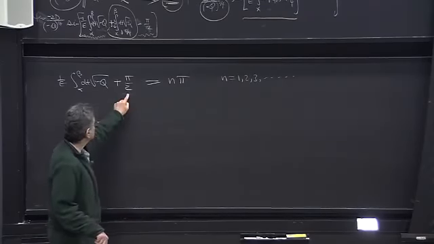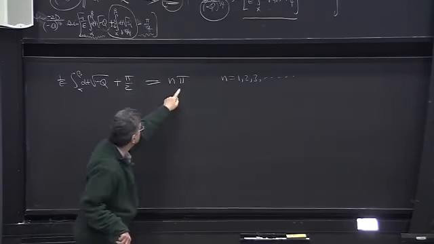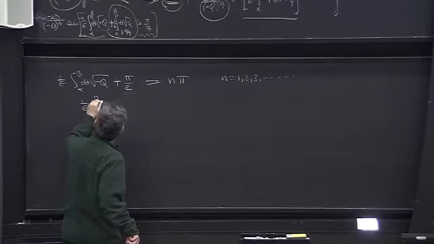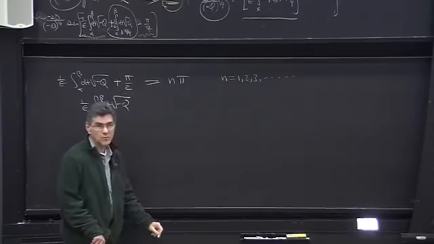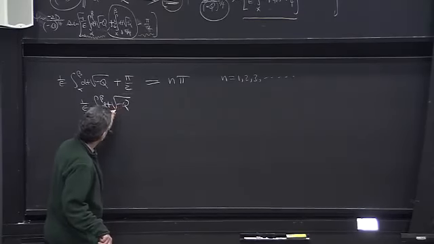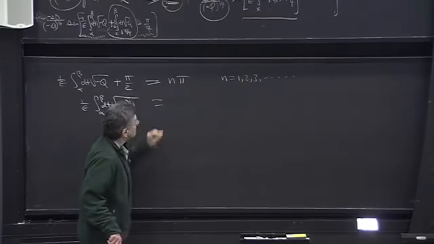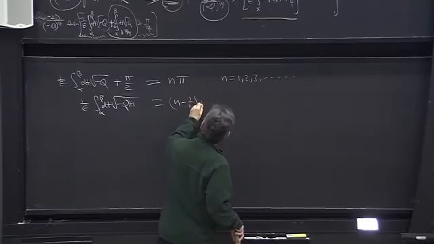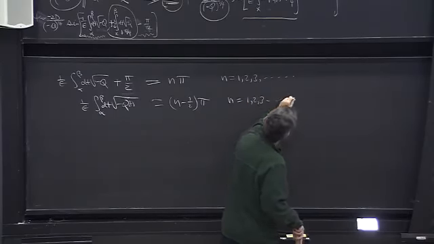Okay? And you notice that there's a pi over here. So I could subtract this pi, and I could require that 1 over epsilon integral from alpha to beta dt square root of minus q of t is equal to n minus 1/2 pi for n equals 1, 2, 3.